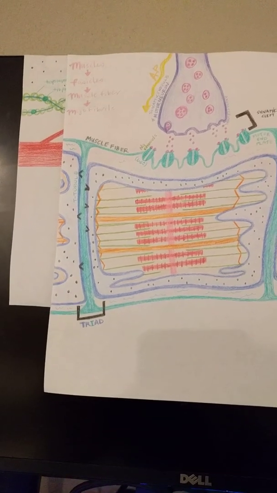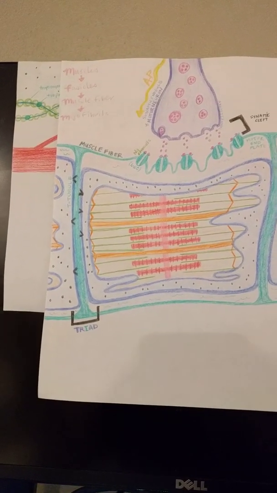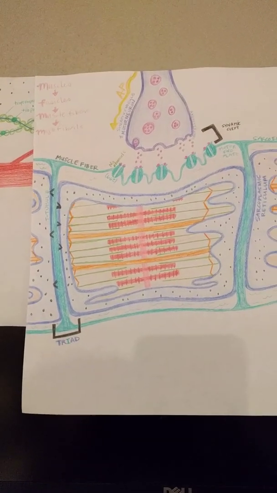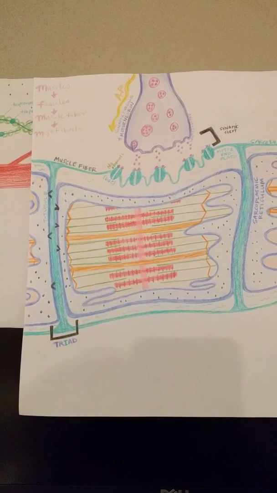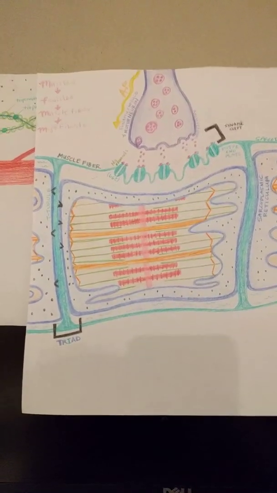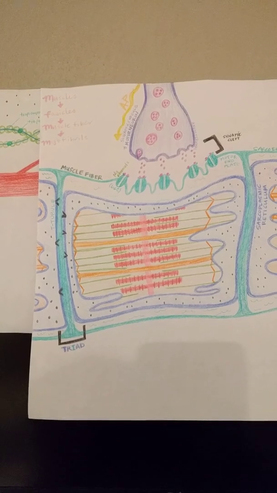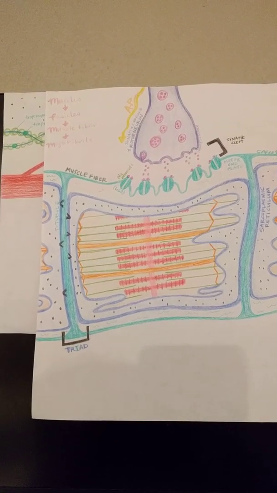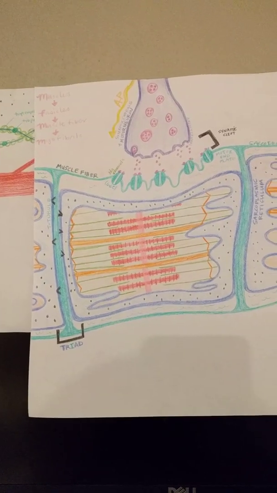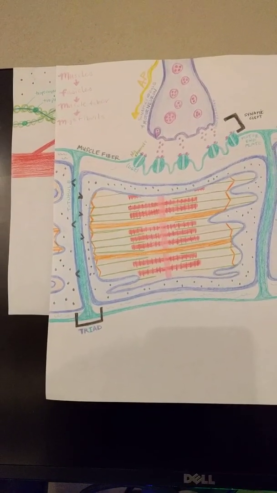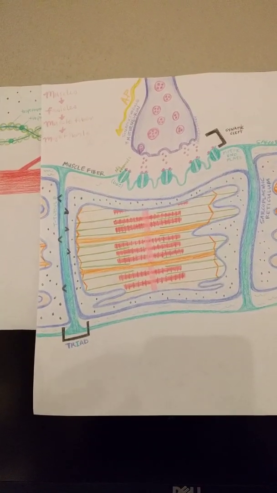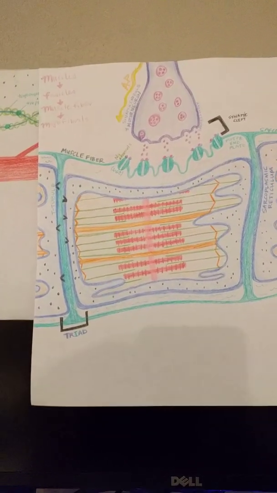Once it reaches threshold, the action potential travels down the sarcolemma and reaches deeper into the cell via T-tubules, which are invaginations of the sarcolemma, or plasma membrane, of the cell. Along the T-tubules, it buddies up on both sides to the sarcoplasmic reticulum, specifically the terminal cisternae of two sarcoplasmic reticulums.